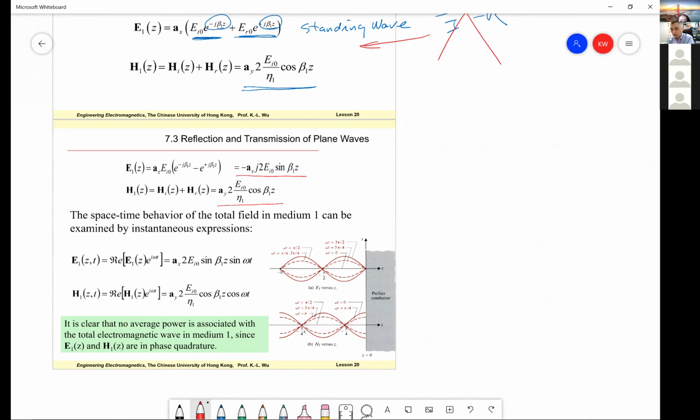Then let's convert this wave back into a real-world quantity, which is the instantaneous expression in the time domain. This is a phasor. Then we multiply the phasor by e^(j omega t).